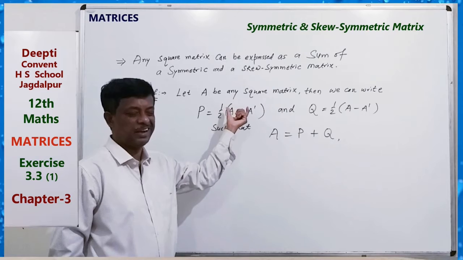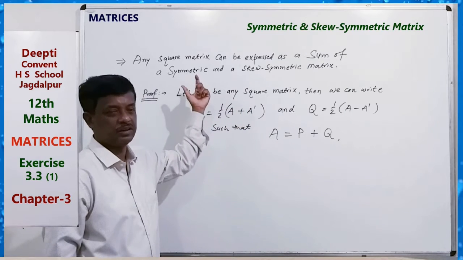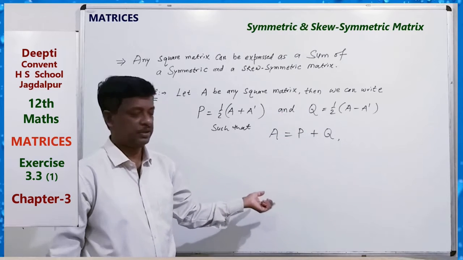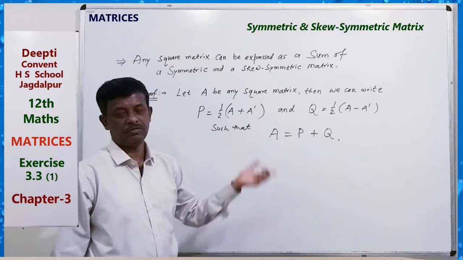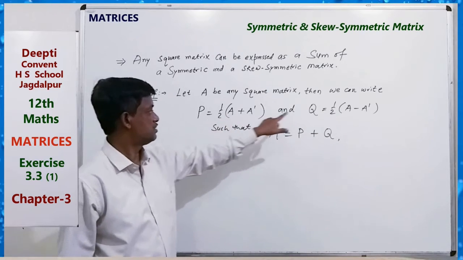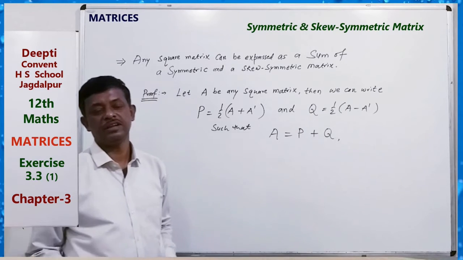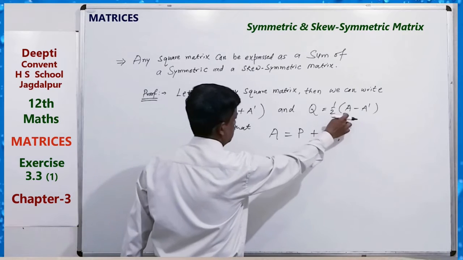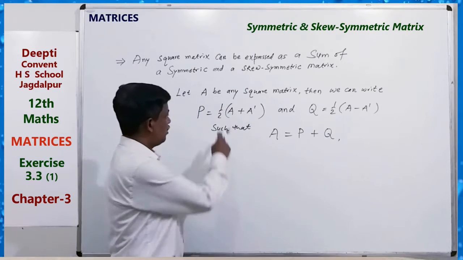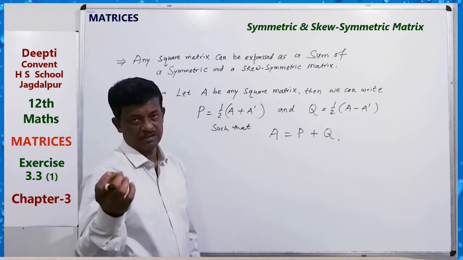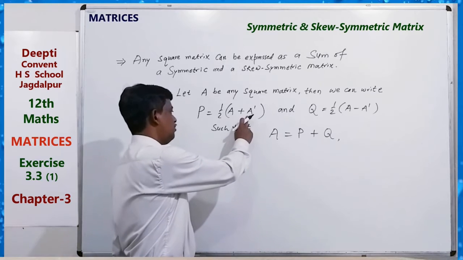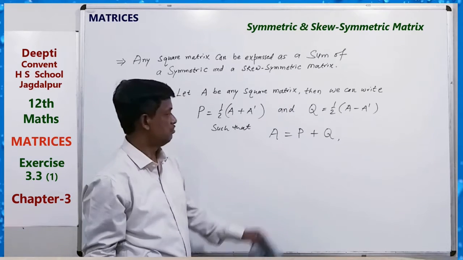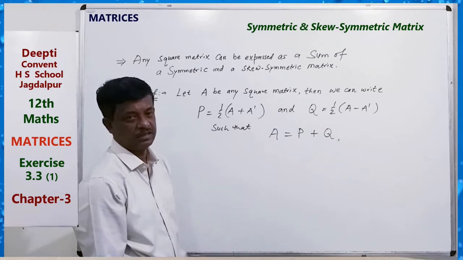This is again a matrix of the same order. So let this be P and this be Q. Then this plus this equals what? A. Half A plus half A dash plus half A minus half A dash. A dash cancels out. So A.